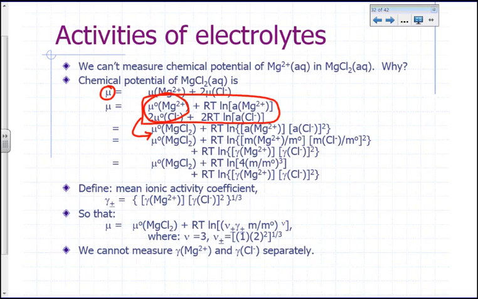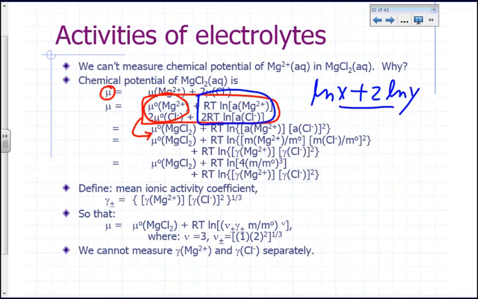Now, let's combine these standard values for the ions into one. We call that the standard chemical potential of magnesium chloride in aqueous solution, plus, and we'll combine these two expressions on the right here: RT ln a of magnesium plus 2 RT ln a of chloride. So this is like ln of x plus 2 ln of y.